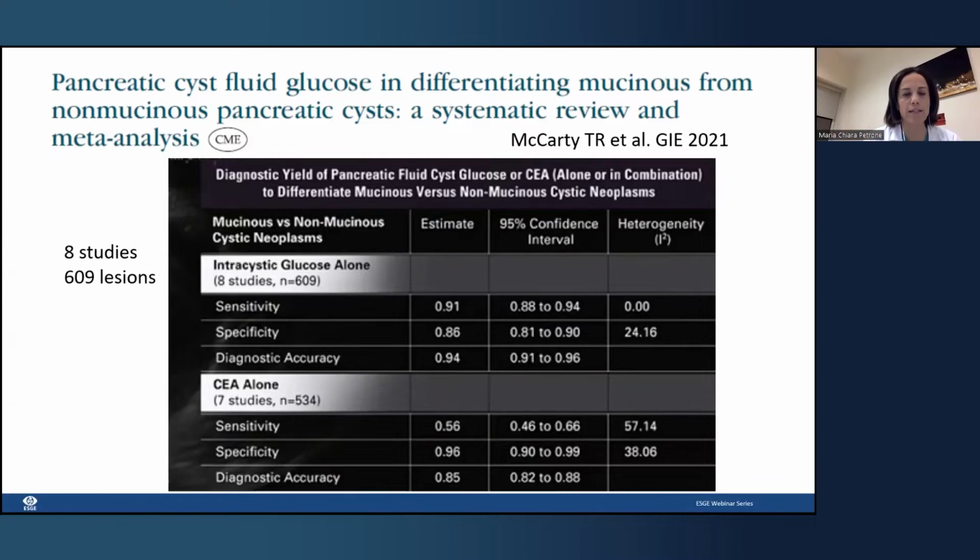And as you can see, the sensitivity was significantly higher, 91% compared to the sensitivity of CEA. No difference in terms of specificity, but the diagnostic accuracy was significantly higher. And the combined test did not improve the diagnostic accuracy.